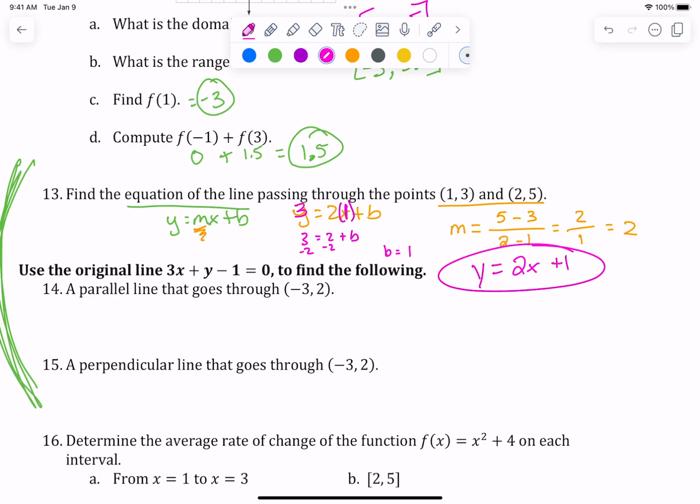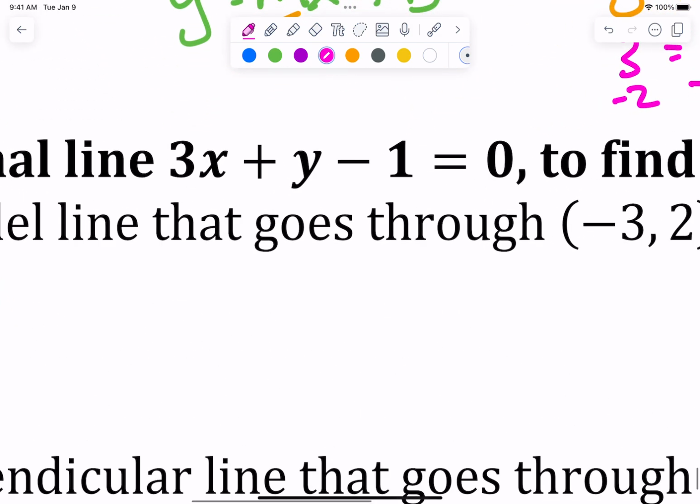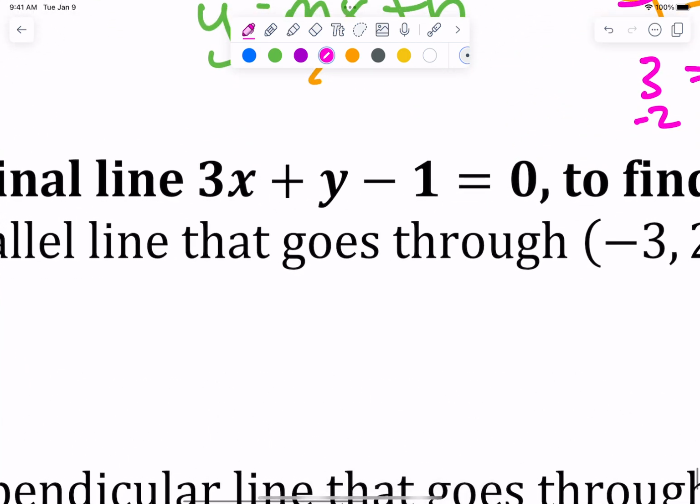For 14 and 15, use the original line 3x plus y minus 1 equals 0 to find the following. What shall we do first? We need a parallel line, so we need the same slope. But what's the slope of this line? Let's fix it first.